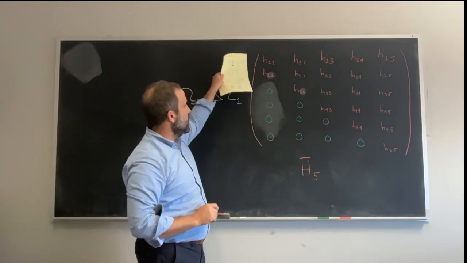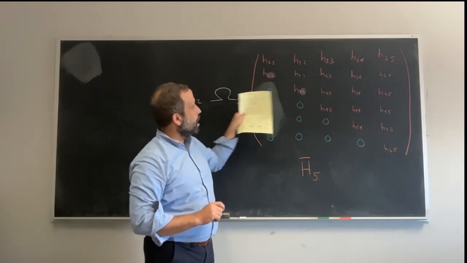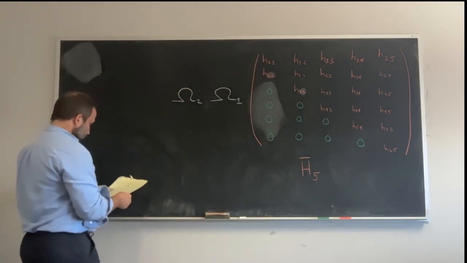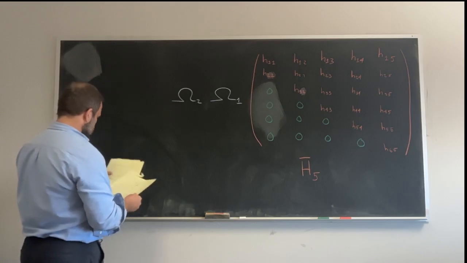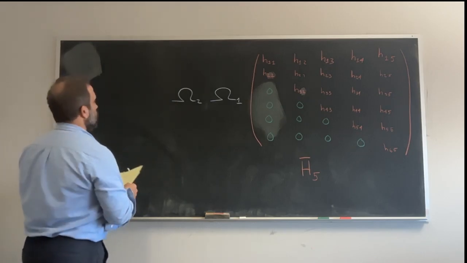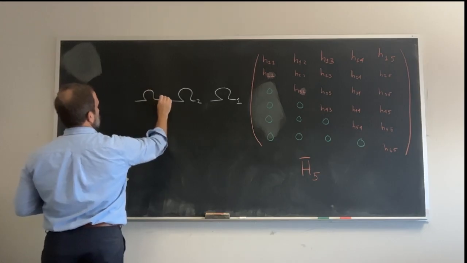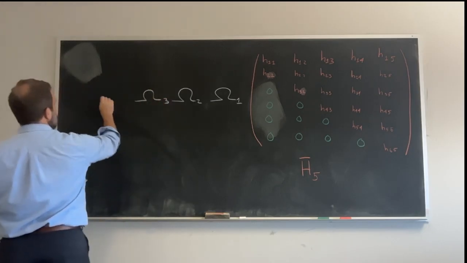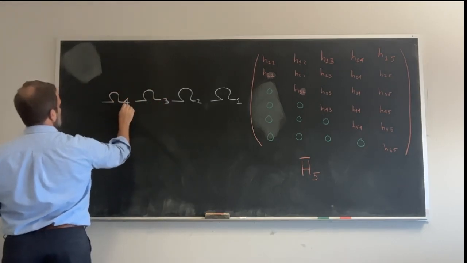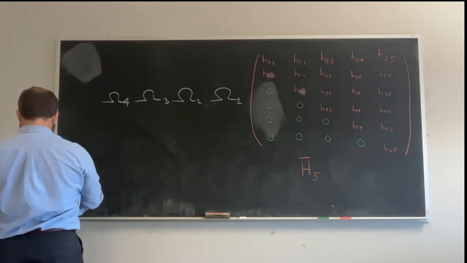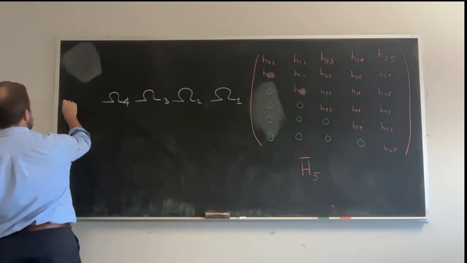So there are m plus 1, that's 6 columns and 6 rows.